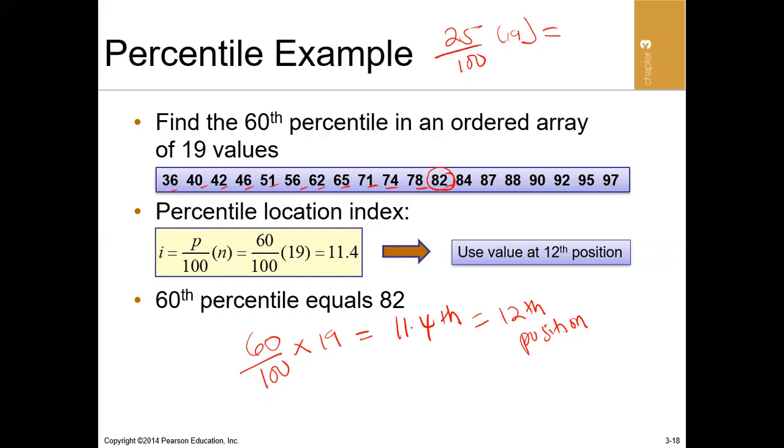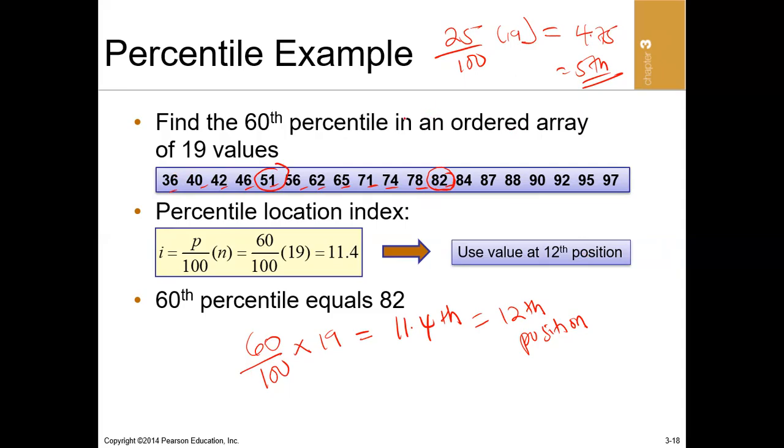When you punch your calculator, 25% of 19 is 4.75. If you round it, that is the 5th position: 1, 2, 3, 4, 5. So the figure 51 is the 25th percentile.